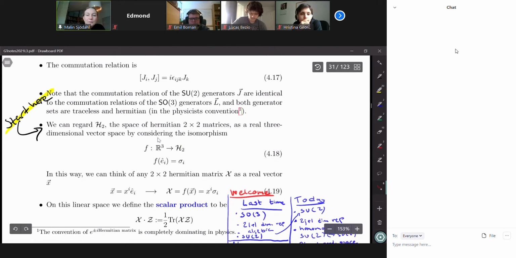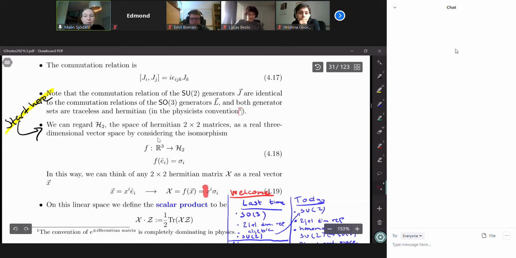This isomorphism will take the basis vector e_i in R3 and map it onto sigma_i. So x hat will be mapped to sigma 1, y hat will be mapped to sigma 2, etc. And the general vector will then be mapped into a linear combination of the sigma matrices by this map.